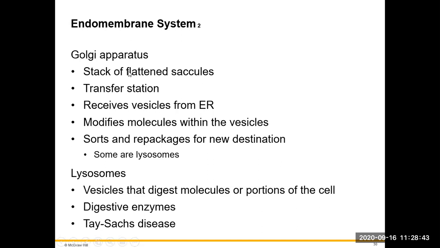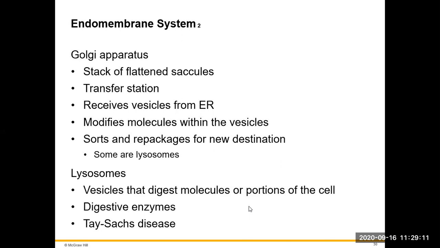And actually, some of the saccules we find in the Golgi apparatus are lysosomes, and lysosomes contain digestive enzymes. They digest molecules. They're like a mini stomach for the cell. A genetic disorder that's associated with lysosomes is Tay-Sachs disease.